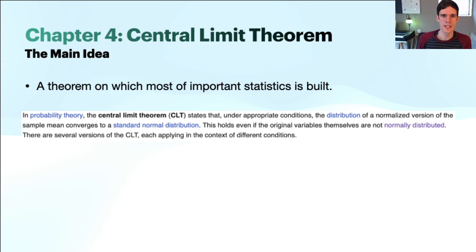This holds even if the original variables themselves are not normally distributed. There are several versions of the Central Limit Theorem, each applying in the context of different conditions. So this is quite a mouthful, and it is quite vague. So let's see if we can do better.